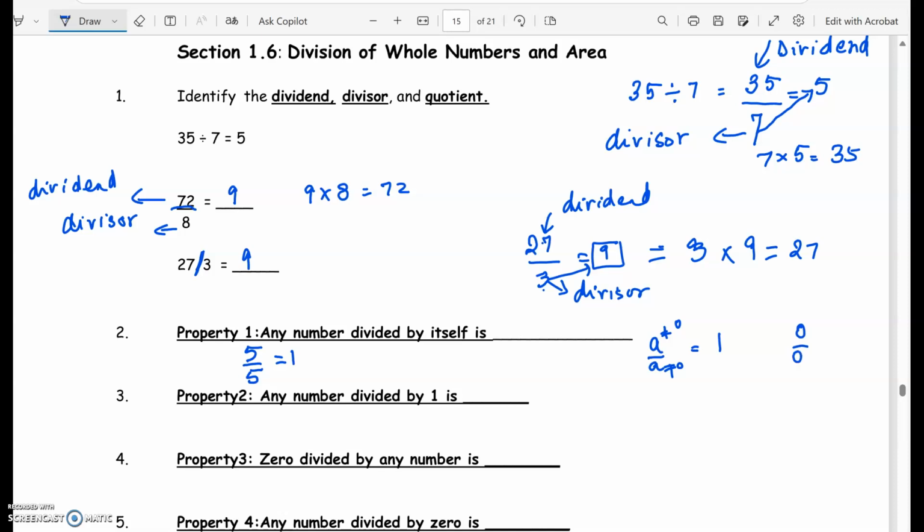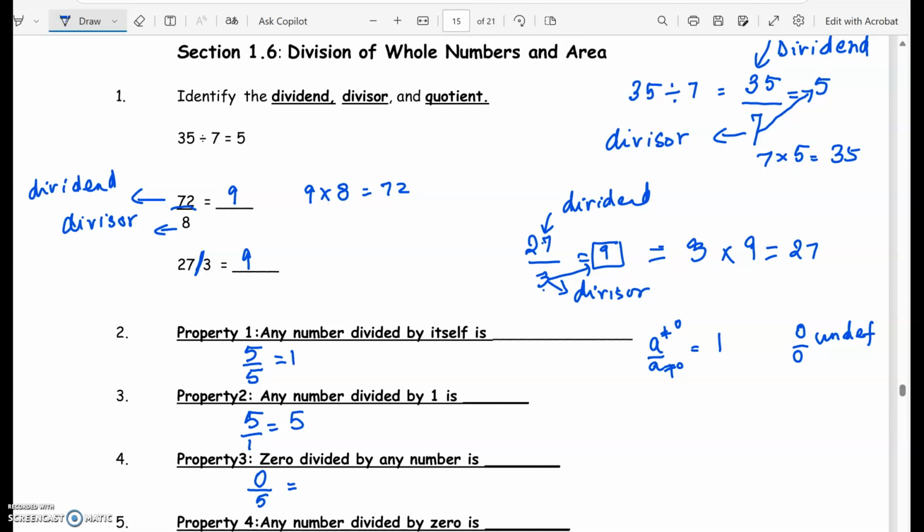Remember that 0 divided by 0 is undefined. Any number, let's say 5, divided by 1 is unchanged. It's equal to 5. 0 divided by any number, it could be anything other than 0.